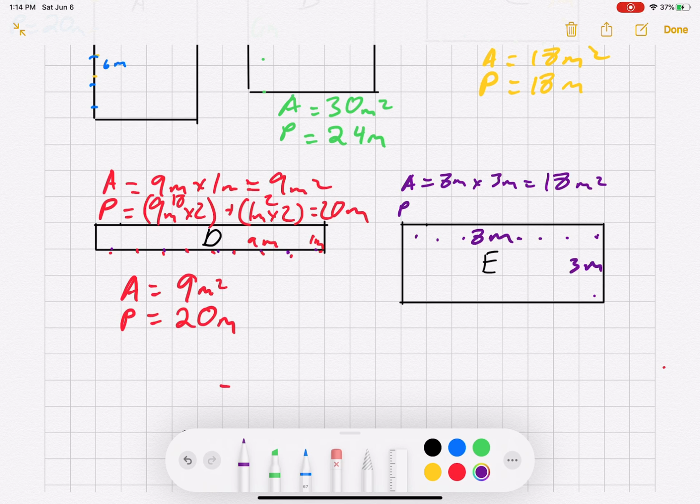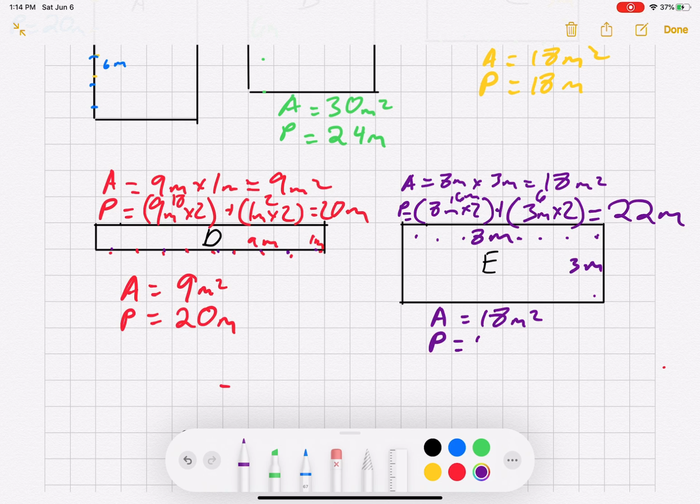And the perimeter is 8 meters times 2, which is 16, plus 3 meters times 2, which is 6, and 16 plus 6 equals 22 meters. So the area here is equal to 24 meters squared, and the perimeter here is equal to 22 meters.